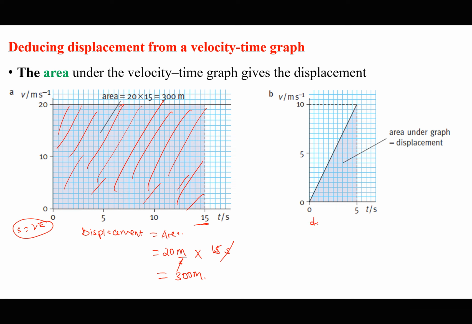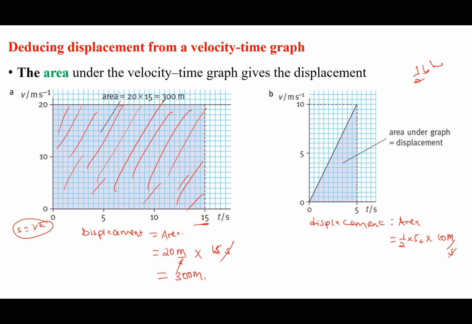So here the displacement, like I said, I always use the letter S for displacement, it is not for speed. The displacement will be equal to the area under the graph. We know the area of a triangle is a half times the base times height. So this will be a half times the base, which is 5 seconds, times the height, which is 10 meters per second.